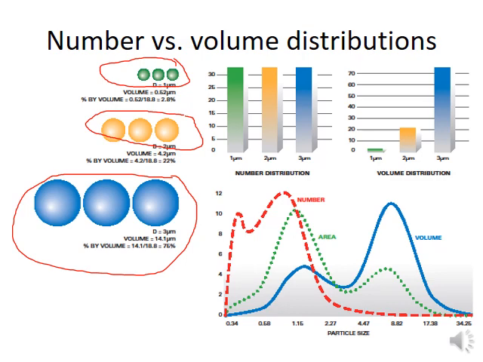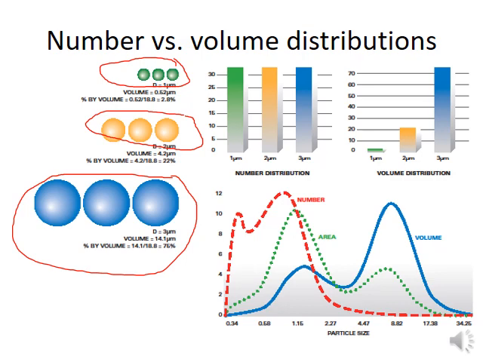If we calculate the number distribution, then 1/3 of the particles will have a diameter of 1 micron, 1/3 will have a diameter of 2 microns, and 1/3 of them will have a diameter equal to 3 microns.